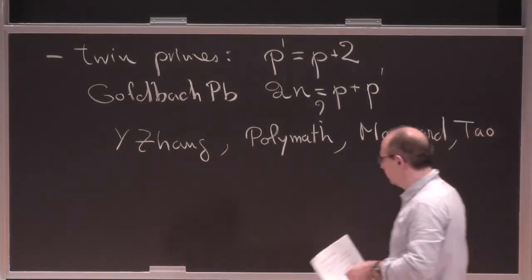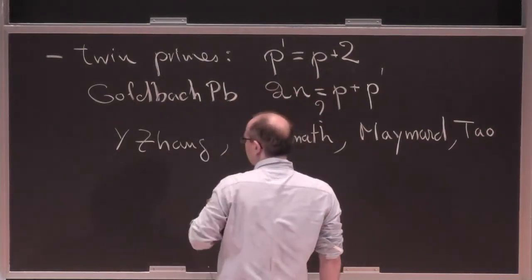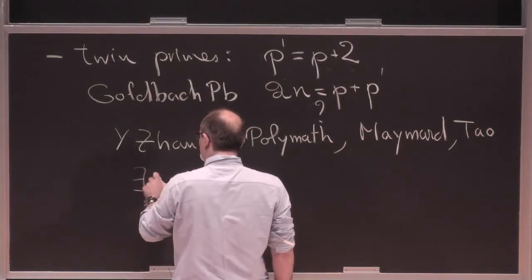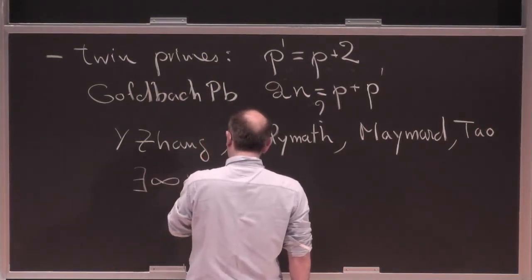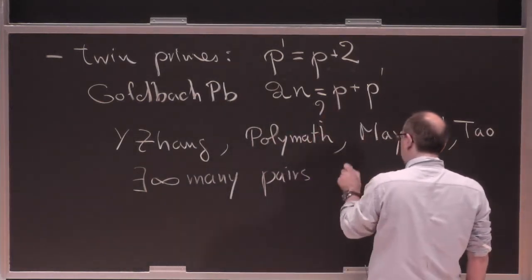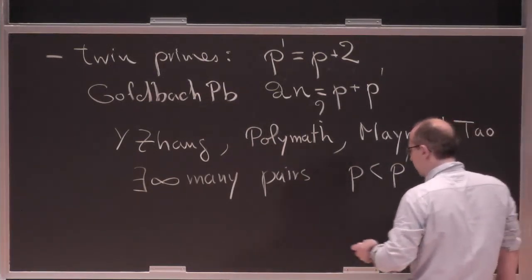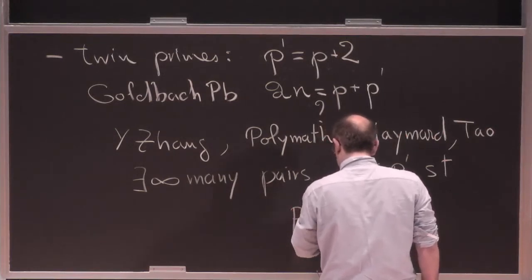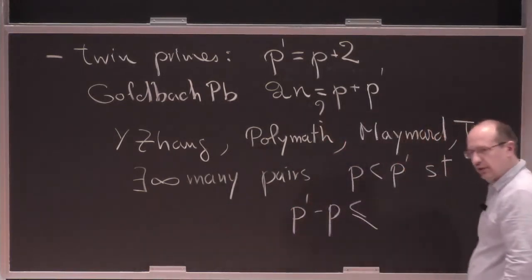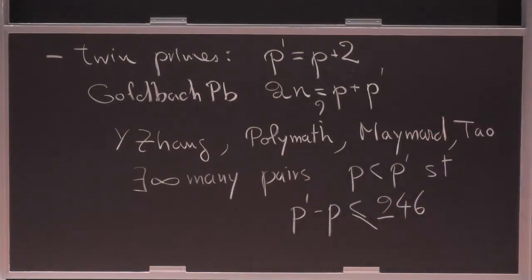The result is an approximation to this: there exist infinitely many pairs of primes such that the difference, I don't remember the number, 246, yeah, is bounded by 246.